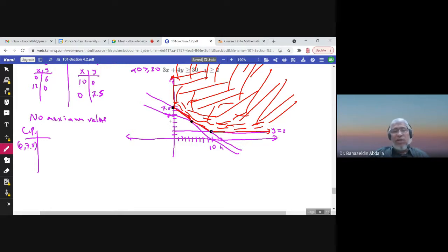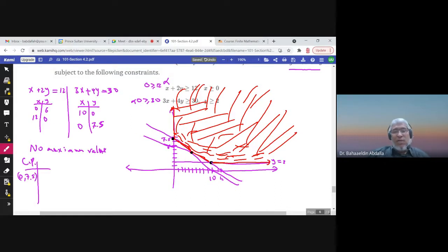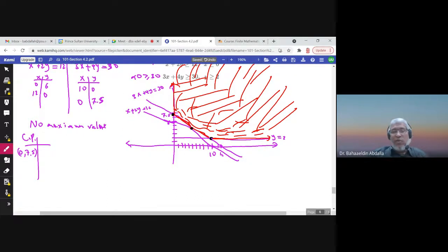So let me write the equations. Well, this line is the line 3x plus 4y equals 30, and this line is x plus 2y equals 12. So this point is the intersection point between the line x plus 2y equals 12 and the line y equals 2.